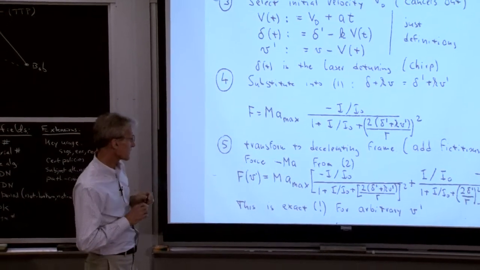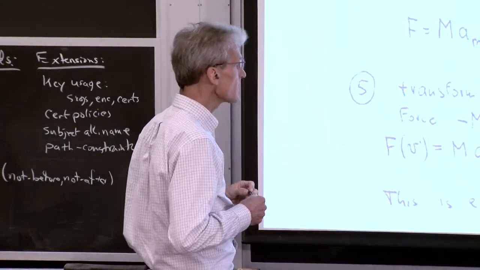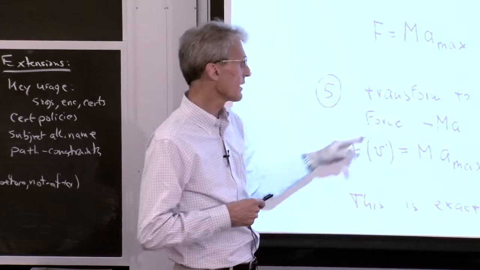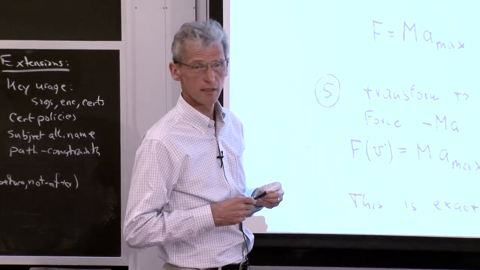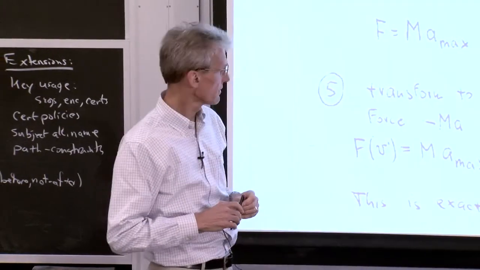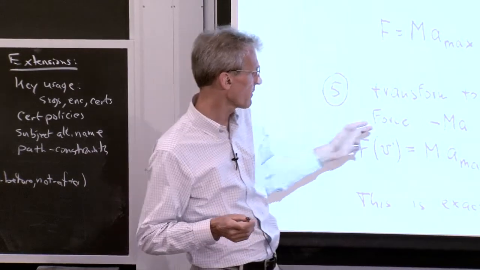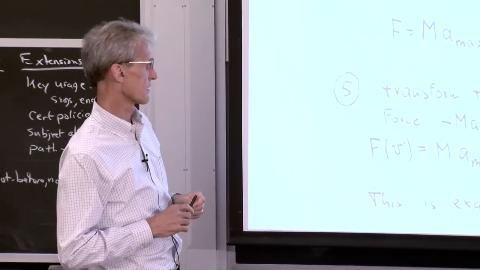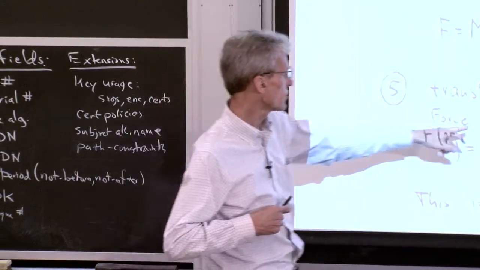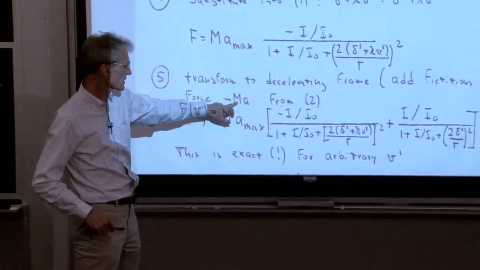But now comes the important point that we want to describe everything now in the decelerating frame. The atoms are meant to decelerate with a deceleration A. And you know from classical mechanics, if you describe something in a decelerating frame, you have to add a fictitious force. This fictitious force, since the acceleration is constant, is a constant force.